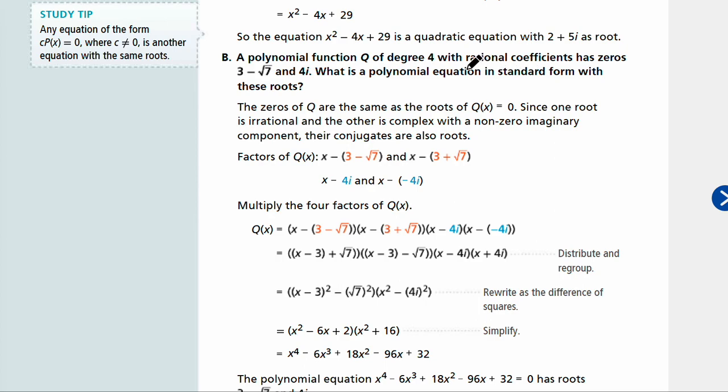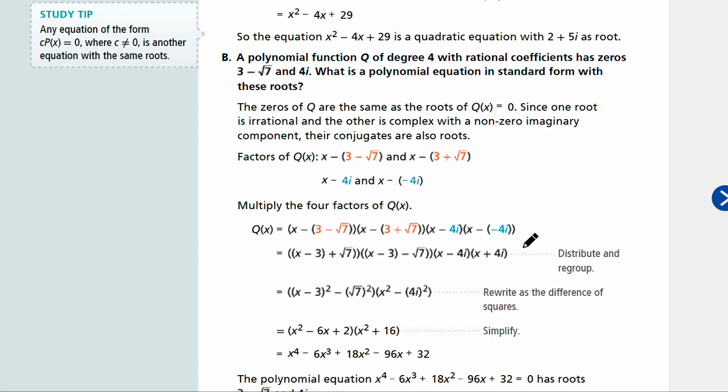So since one root is irrational and the other is complex with a non-zero imaginary part, the conjugates should also be roots. So put all these 4 factors. This is the least number of factors you need to have. Otherwise, you'll come up with a different equation that doesn't really make sense.